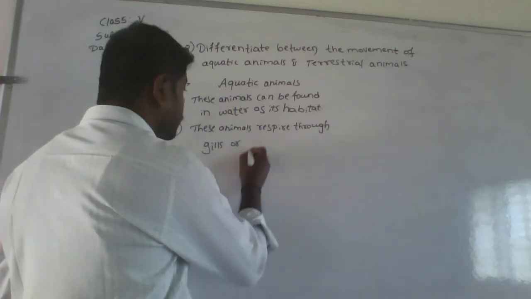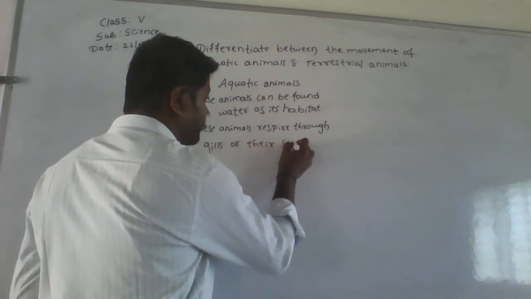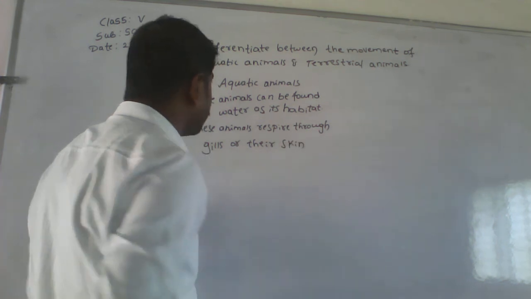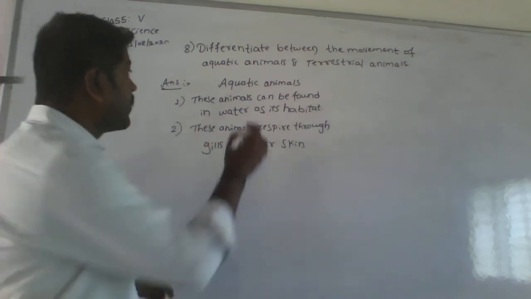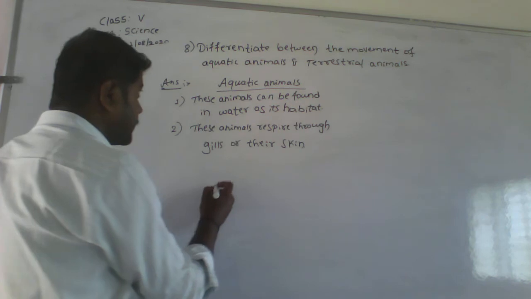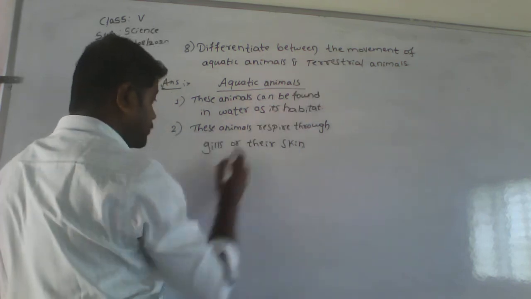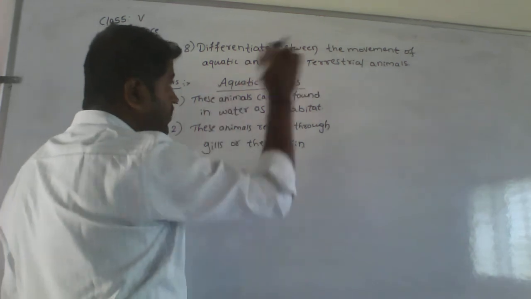Understood? So these are the two differences which we have written for aquatic animals. Alright. Then we will see terrestrial animals, because they have asked us to differentiate between aquatic animals and terrestrial animals.